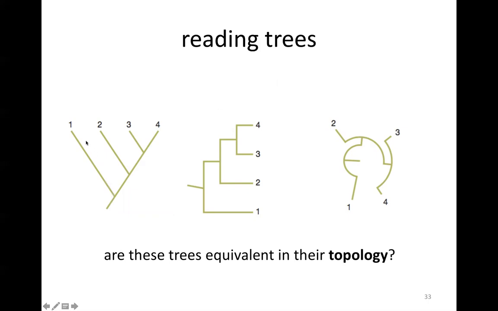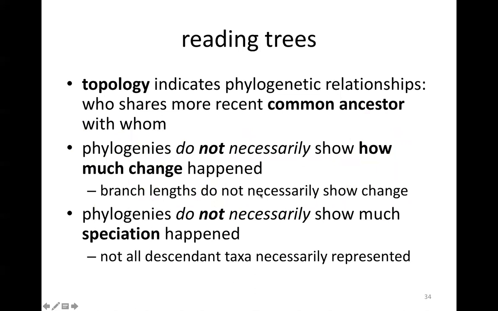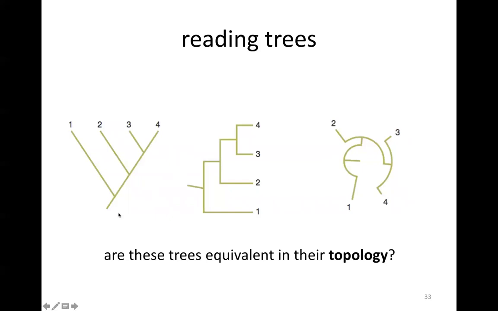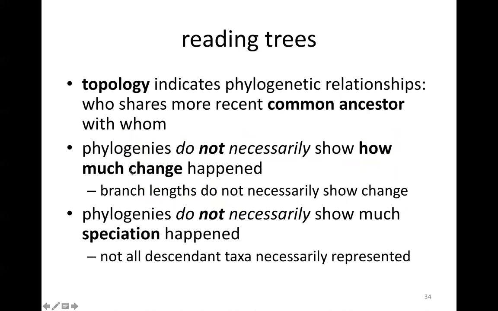For instance, this long branch is sometimes interpreted as having changed more than this branch, but that is not the case. Branch lengths don't necessarily show change. There are some trees where branch lengths do show change, that is then indicated, but here the tree is just telling us about the split patterns.